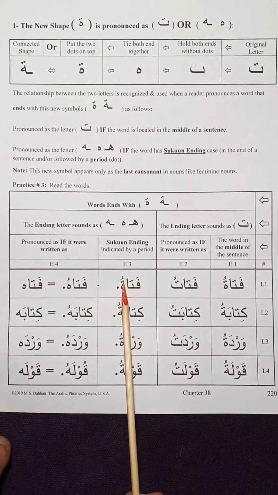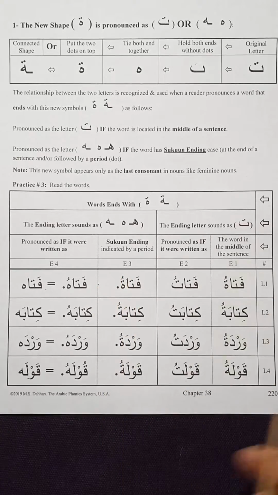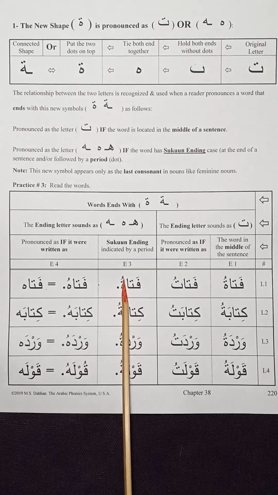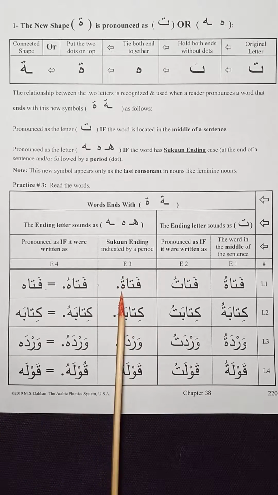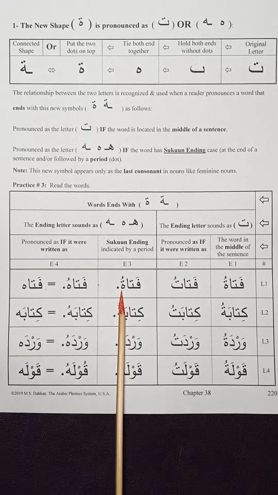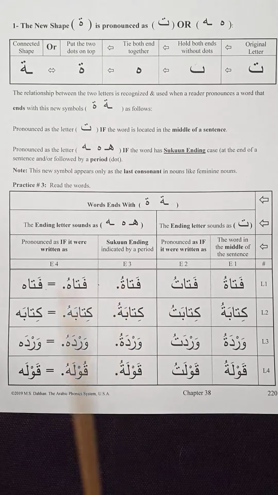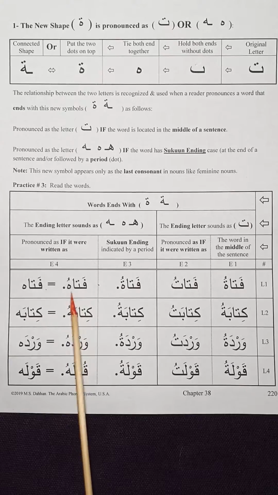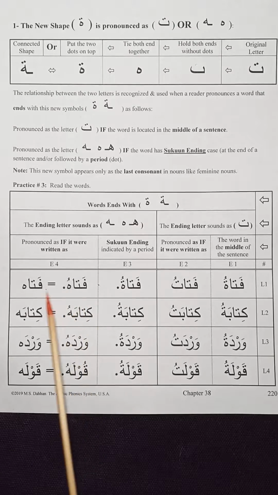So now we don't pronounce this fa, ta, tu. We don't pronounce it like this. You ignore the vowel, and instead of pronouncing the sound of this as a T with sukoon, you pronounce it as written like this: fa, ta, hu.